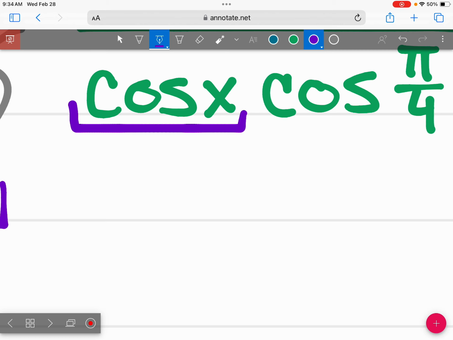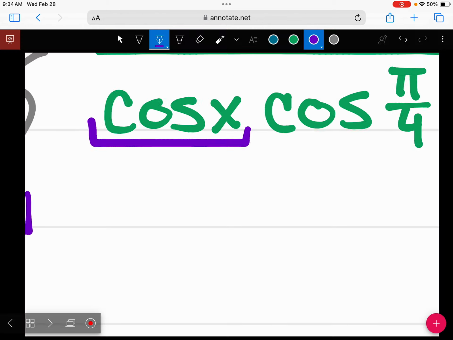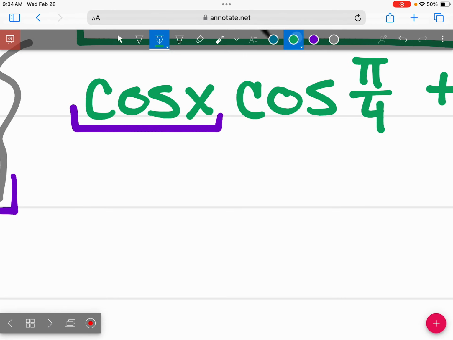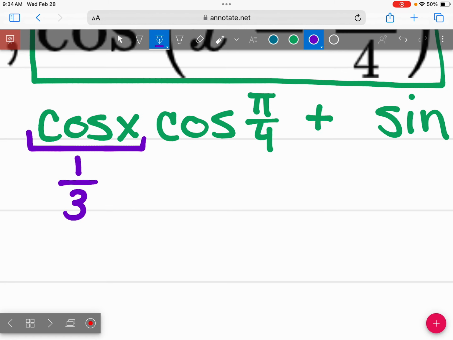What's cosine of x? 1 over 3. What is the cosine of pi over 4? Square root of 2 over 2.